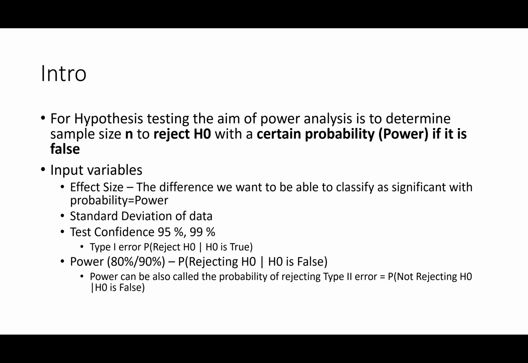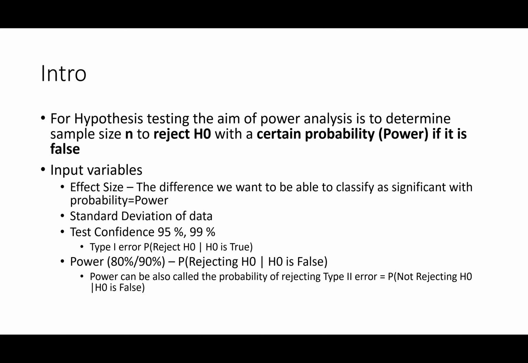We also need, as an input variable, the standard deviation of data. We, of course, need the test confidence, 95% or 99% confidence. So basically, this is the probability of avoiding type 1 error, so basically rejecting the null hypothesis, assuming that actually the null hypothesis is true. And we need to set the specific power.